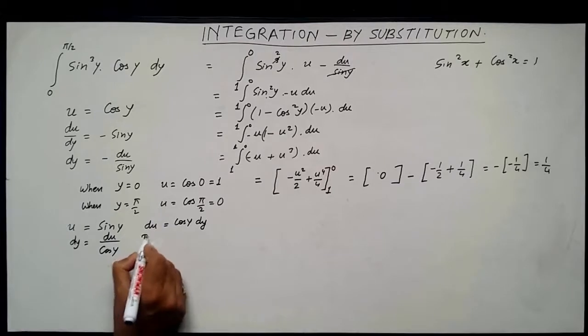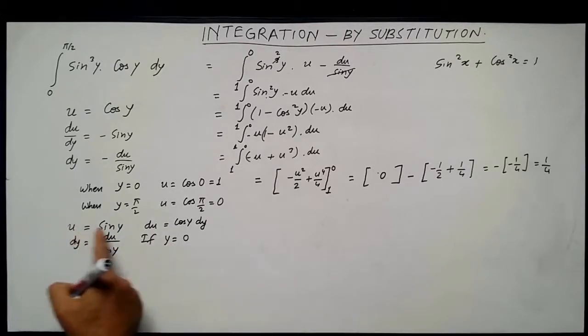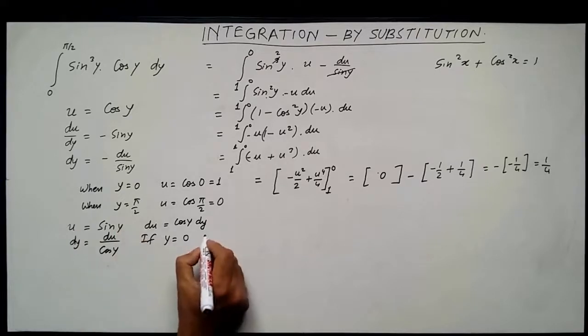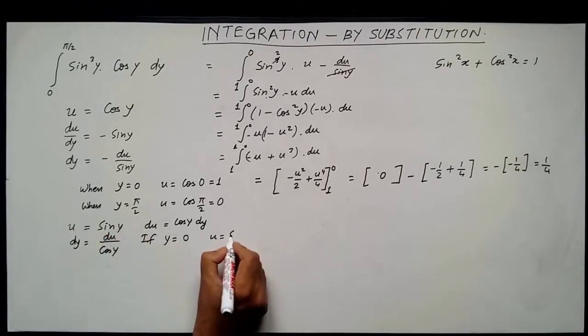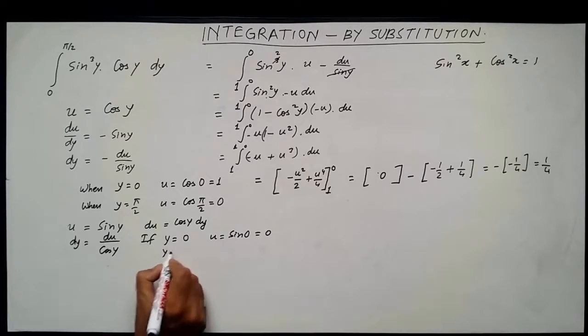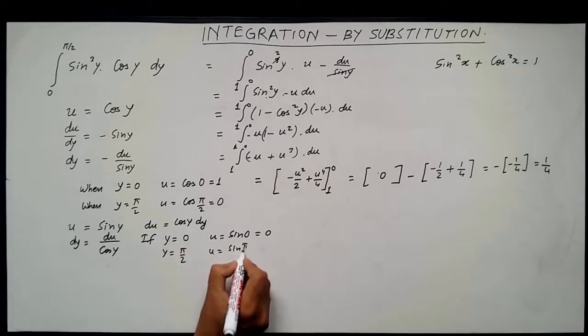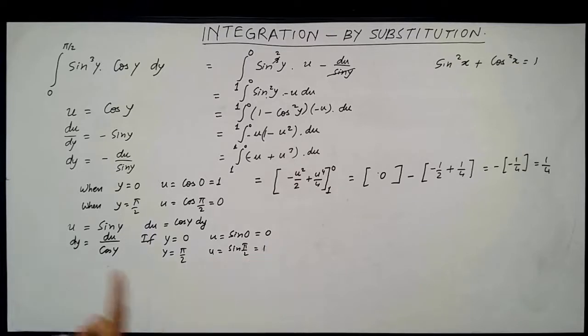Now we have replaced u equal to sin y. So when y is equal to 0, what is u equal to? Sine of 0, so it becomes 0. When y is equal to pi by 2, u is equal to sine of pi by 2, which is equal to 1. So now we can replace this expression between the limits 0 to 1.